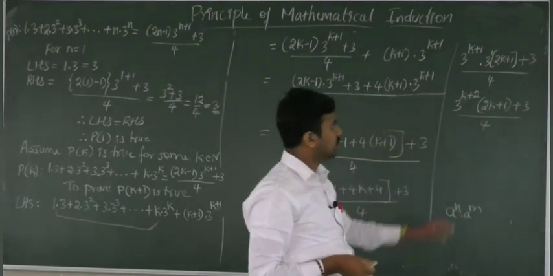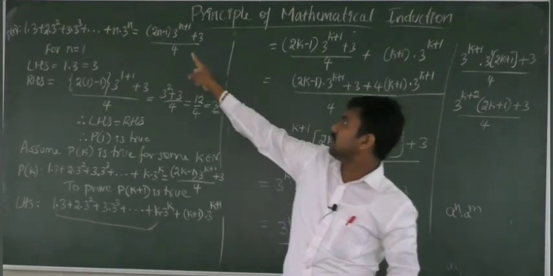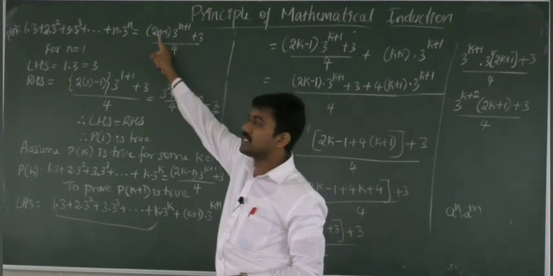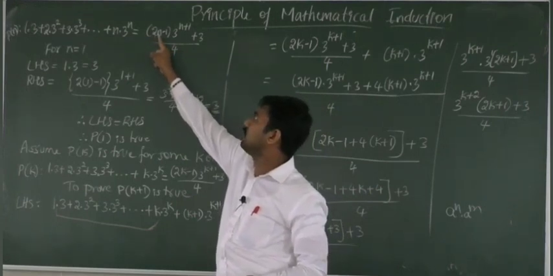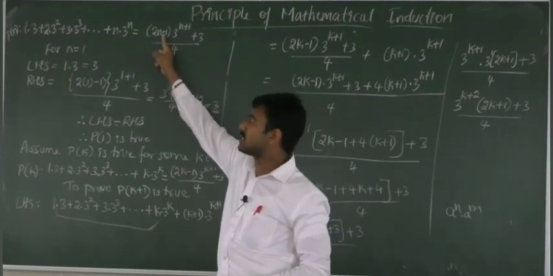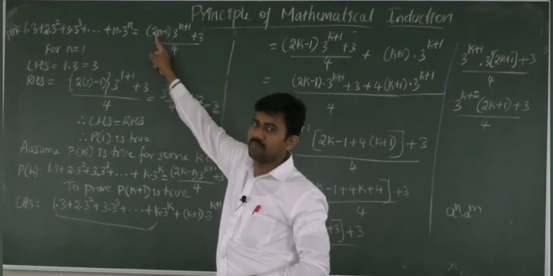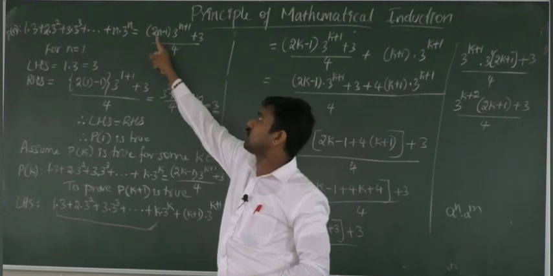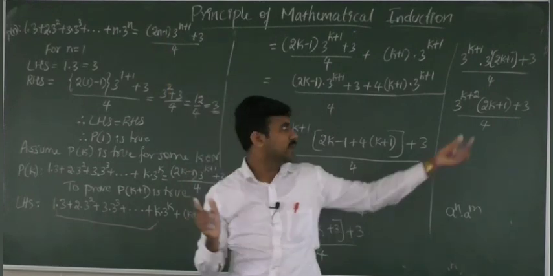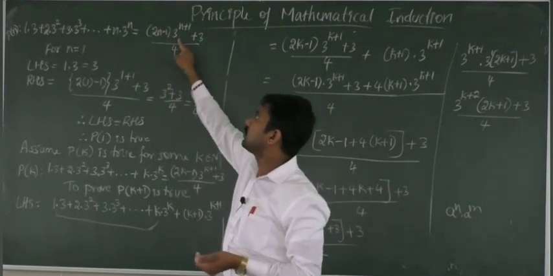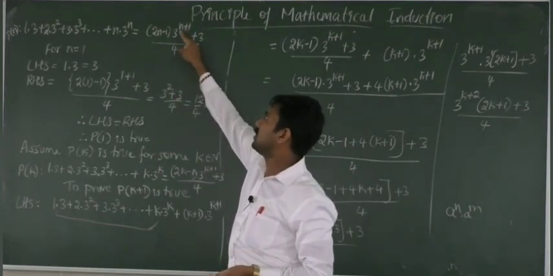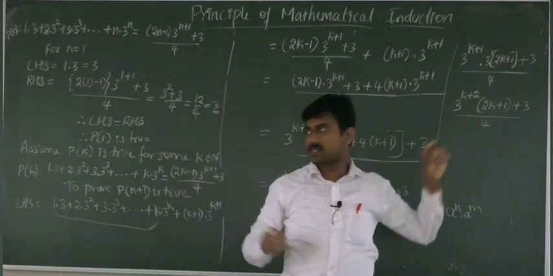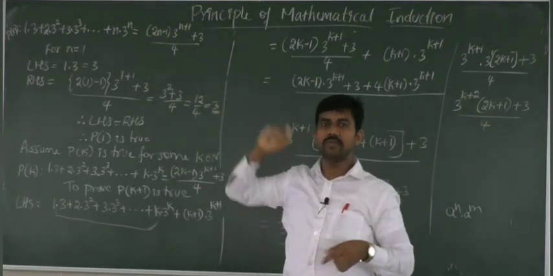Now, whether this is the RHS of your statement when n is equal to k plus 1, just check here. When n is equal to k plus 1, we will get 2 into (k plus 1) minus 1. That is nothing but 2 into k, 2k, 2 into 1, 2. 2k plus 2 minus 1 means 2k plus 1. 2k plus 1 we got already, into 3 to the power (k plus 1 plus 1), k plus 2, 3 to the power (k plus 2), plus 3, the next term, whole divided by 4.